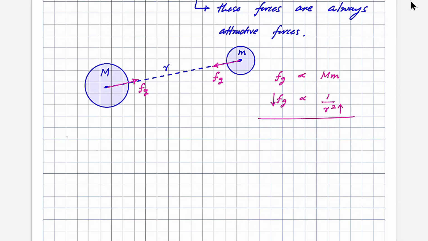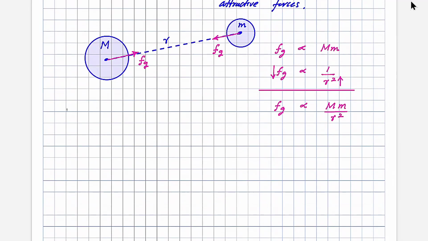So now if you think about connecting these two, you get Fg is proportional to m times m divided by r squared. Okay. So now how do you make this an equality? You make this an equality by introducing a proportionality constant. So we would say G.